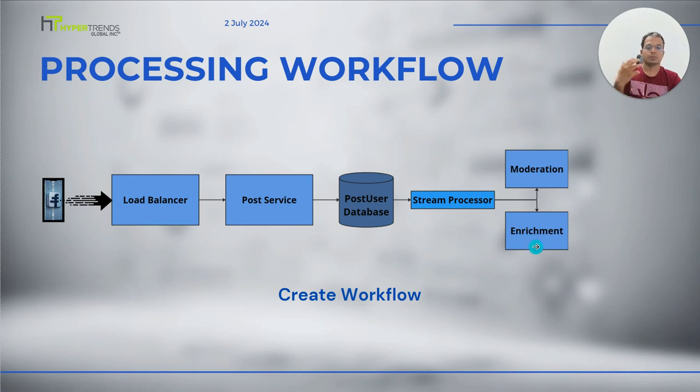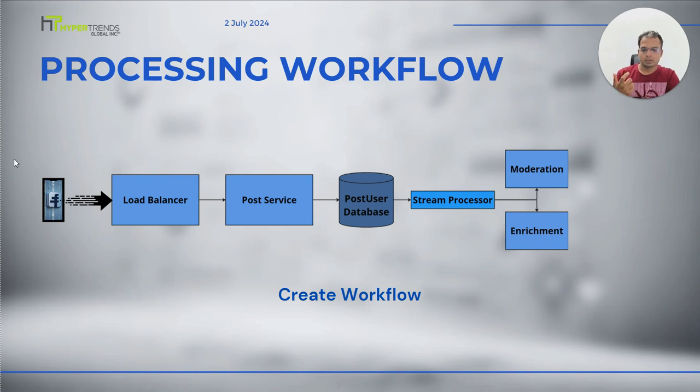And then enrichment. Let's say a user posted an image. If you want to enrich that image to some extent, then enrichment is another process. Not only these two, of course there will be multiple processes, but I highlighted just two here.